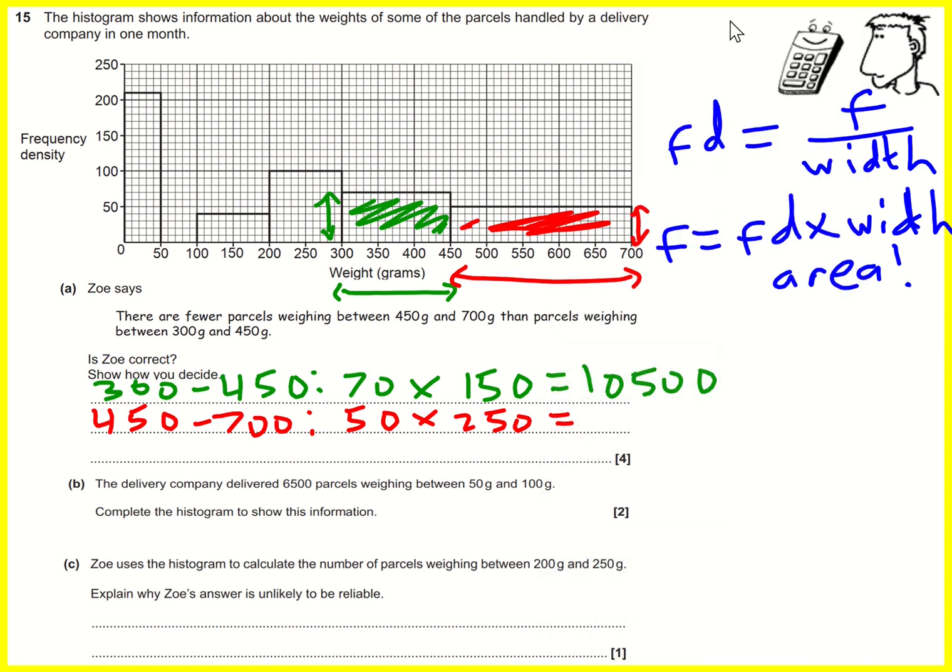And I get 12,500. So in fact, turns out there are actually more parcels weighing between 450 and 700 grams. So Zoe is incorrect.